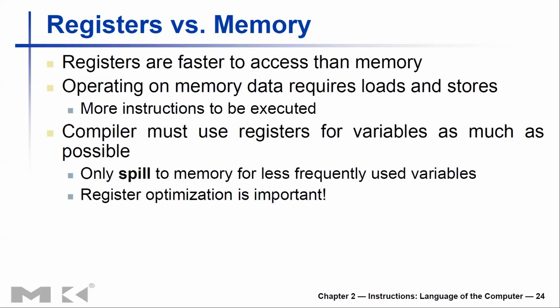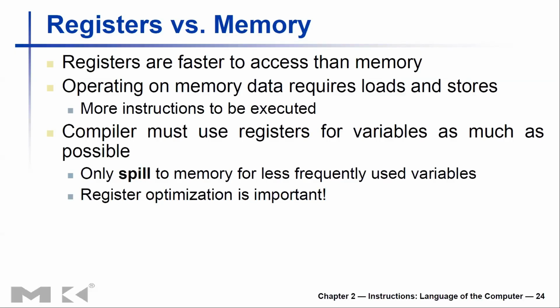So the compiler should use registers for variables as much as possible. It should spill to main memory for less frequently used variables. And of course, if you need to store a lot of values, something like an array, then you will need to use main memory.